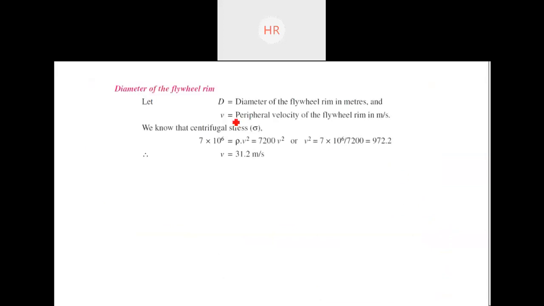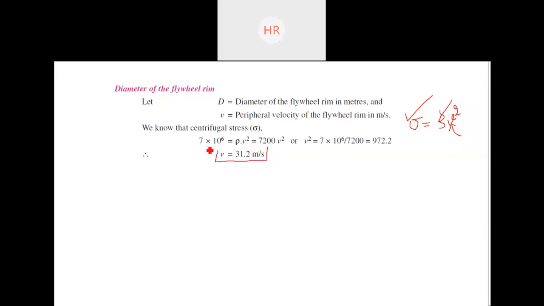So first of all, we find the diameter of the flywheel ring. We know the equation of stress is equal to rho into v square. So sigma is known to us, rho is known to us, so the only unknown left is this velocity. So we can find the velocity from the equation of hoop stress.